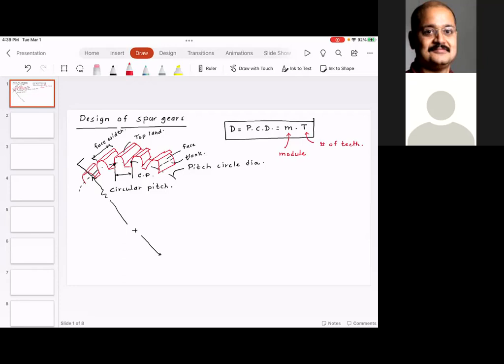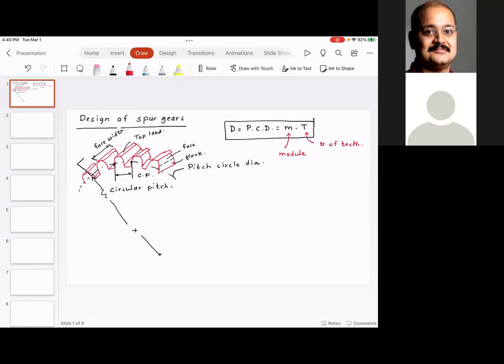Circular pitch is the distance on the pitch circle diameter between the successive teeth. If the diameter of the gear is D, the number of teeth is equal to T, what would be the circular pitch?